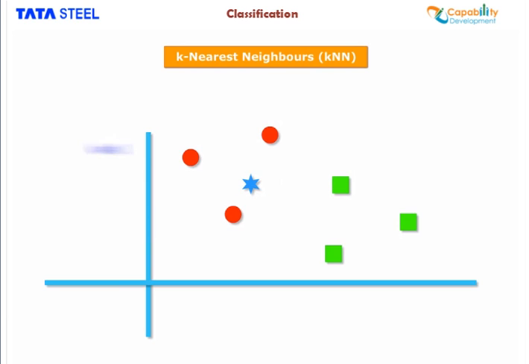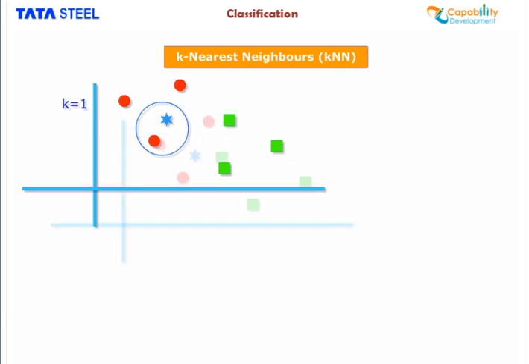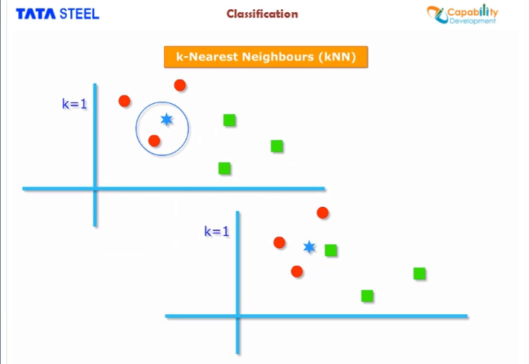If you take K equal to 1, then the nearest neighbor of the test data point will be considered and the output class will be predicted as the output class of that neighbor. What if the closest training record is an outlier with the incorrect class in the training set? In that case, all the unlabeled test records near the outlier will get wrongly classified.